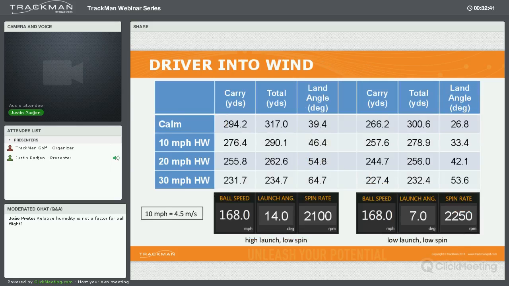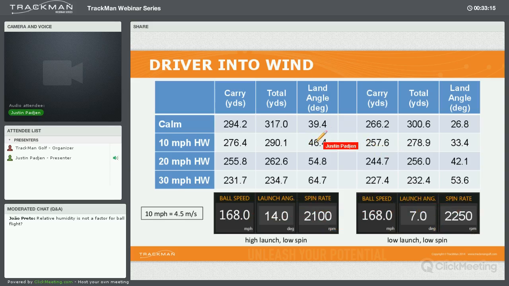So how about a driver into a wind? Let's look at this example here. What I've done here is I've looked at two different shots, because it's always an interesting topic to talk about: should you change your trajectory when you're into a headwind? So here we've got a high launch, low spin shot, 14 degrees, 2100 spin rate. And then we've got a low launch, low spin shot. Both of these have the same ball speed, one's just high launch, low spin, and the other's low launch, low spin.